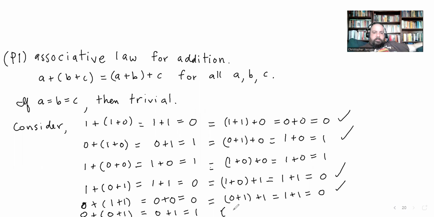So here I have 0 plus 0. Right, these are equal, and that exhausts all the possibilities. There's only 8 combinations you can have: 2 for the first, 2 for the second, 2 for the third. So 2 times 2 times 2 is 8. So that exhausts all the possibilities. So that shows that P1 is satisfied.